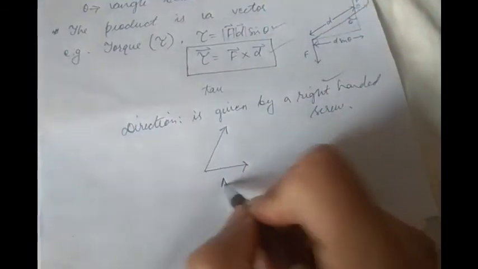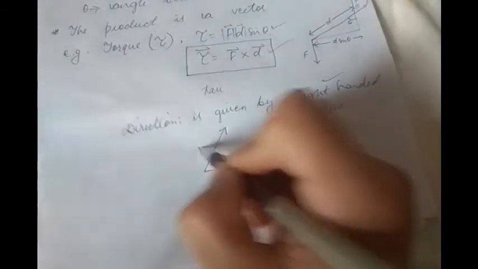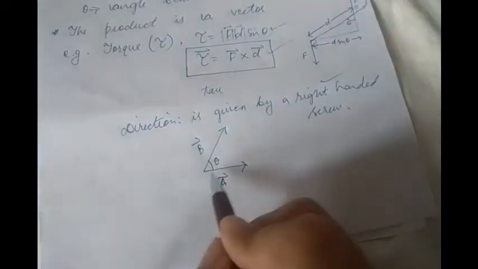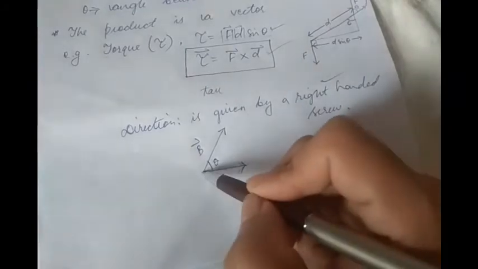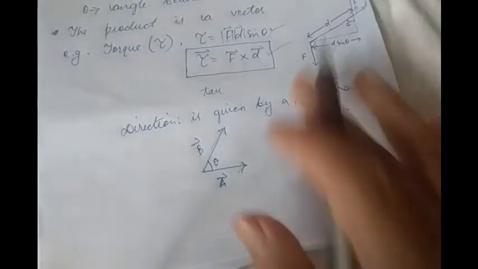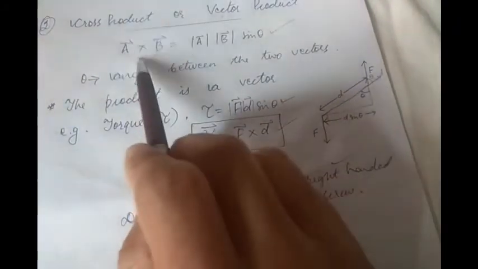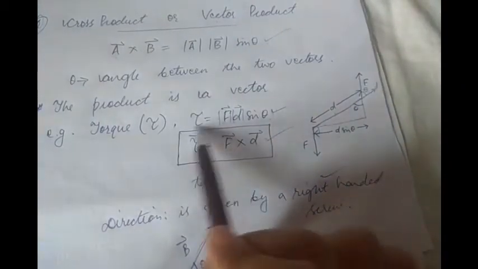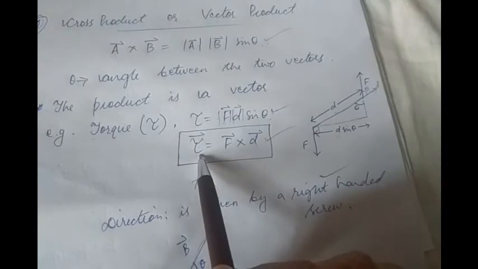Say this is vector A and this is vector B, the angle between them being theta. A is one vector, B is another vector, and A cross B is altogether a new vector, like F cross d is altogether a new vector, which is torque.